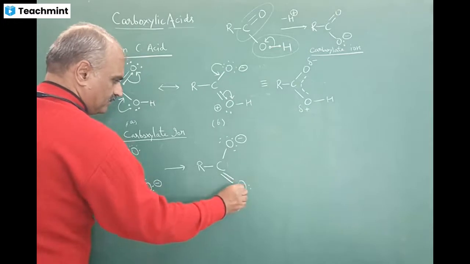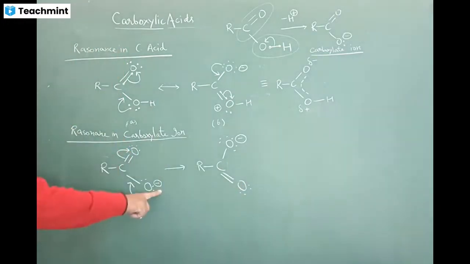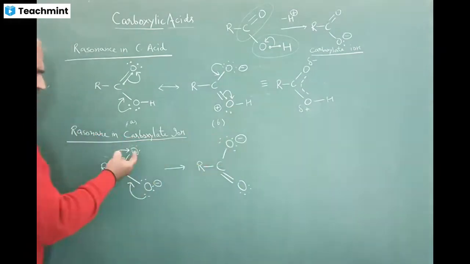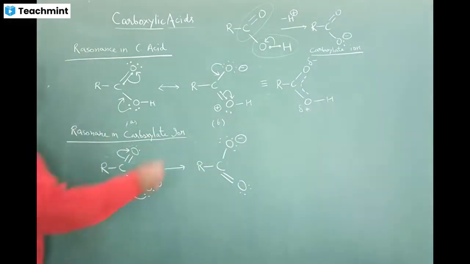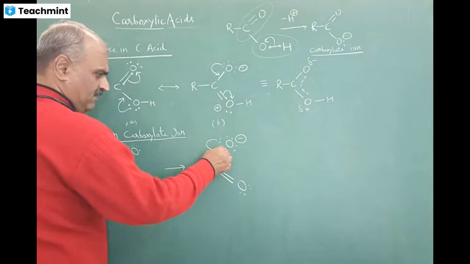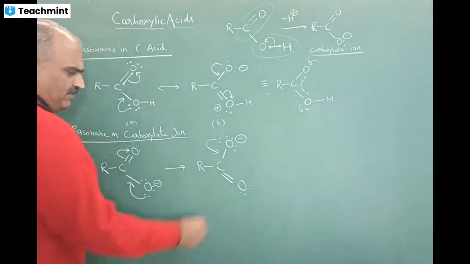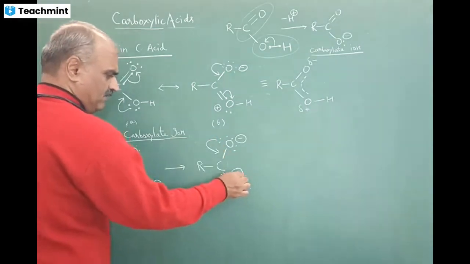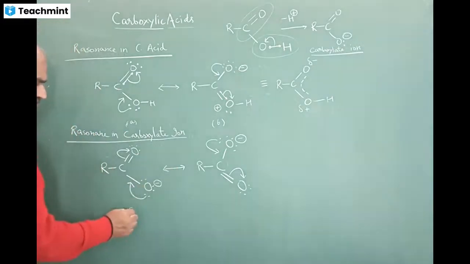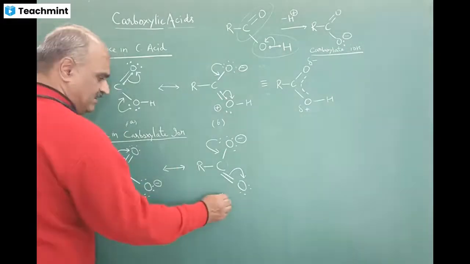See, this negative charge has vanished and this O has got a negative charge. Again, this lone pair will shift here in the form of a bond pair, and this bond pair will become a lone pair, and these two structures will resonate.